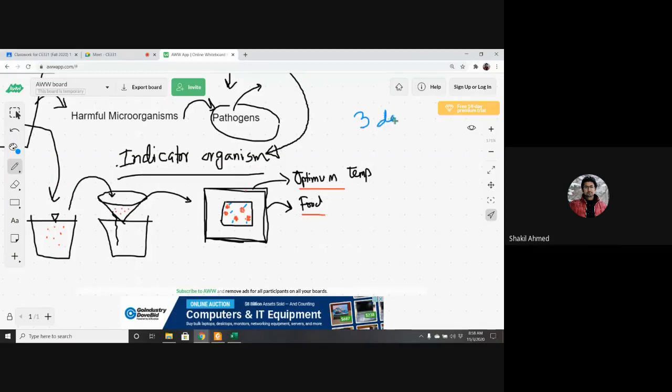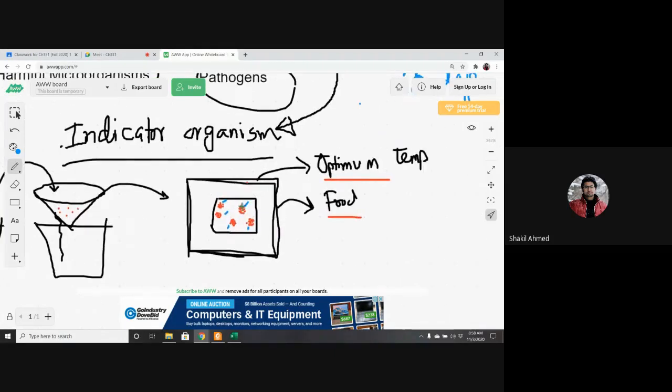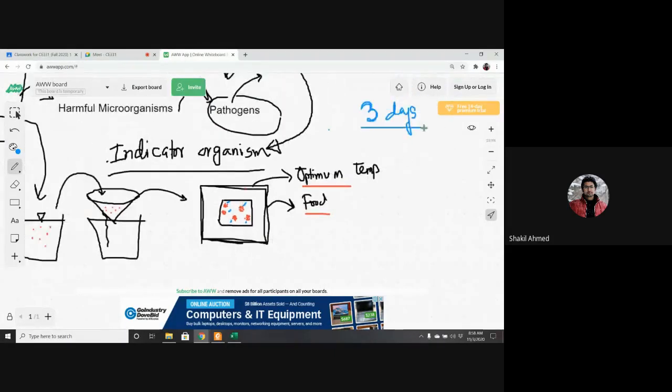Why does that take so long? Because culture means bacterial growth. They want to see if there is any infection in your blood or urinary tract or any other organ. It takes 3 days because bacteria take some time to grow to a considerable amount. So the results of those cultures cannot be done fast. They take at least 3 days.